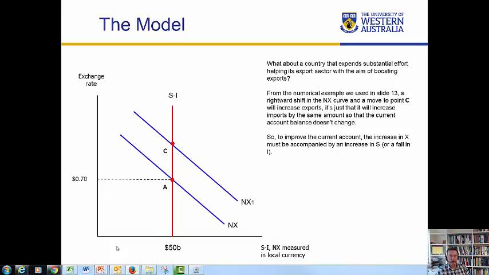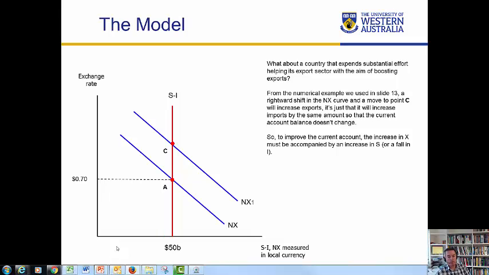to save more. What I'm trying to get at is, how do we shift this S-I line from minus 50 billion to positive 50 billion? How do we get a country to shift this vertical line to the right and improve their trade performance? One way, as I've just mentioned, is increasing savings and putting in place policies that promote more savings.